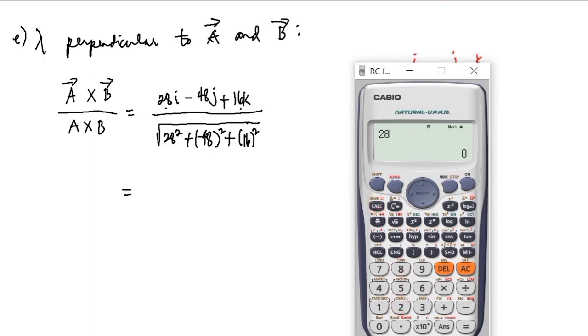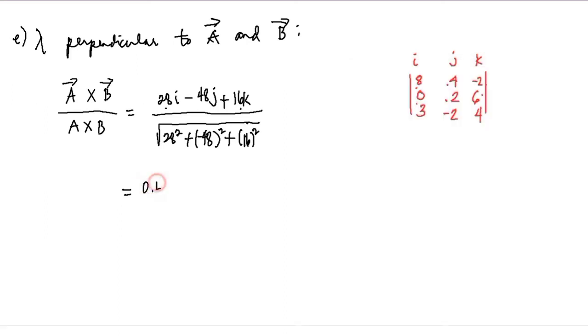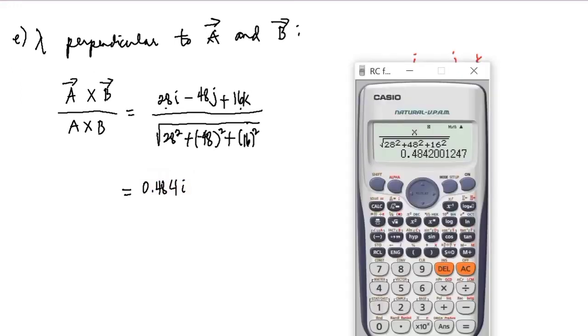So for i, calc 28, that is 0.484. So we have here 0.48 for i. And for the j, we have calc negative 48. And we have here negative 0.83.